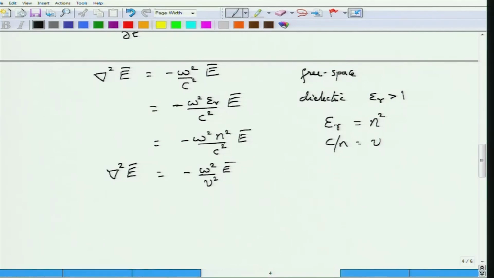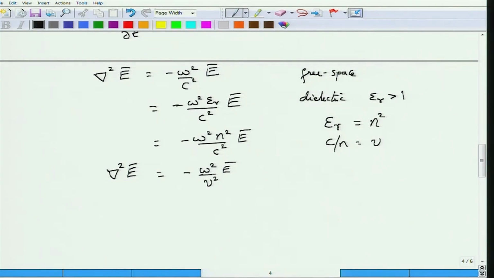So we can say we consider a medium which has a velocity of propagation which is only 10% of that of free space. In that case, I know what v is. v is 0.1 into c. So I can substitute that and write down this equation with the numerical values appropriately.